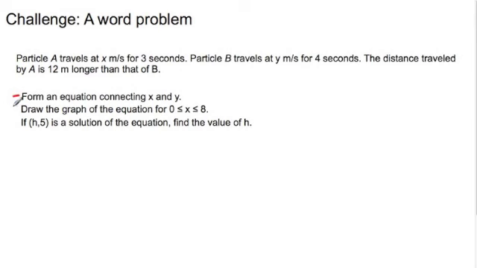Then draw the graph of the equation for 0 is less than or equal to x is less than or equal to 8. So your graph will focus just on the positive value coordinates of x and y.